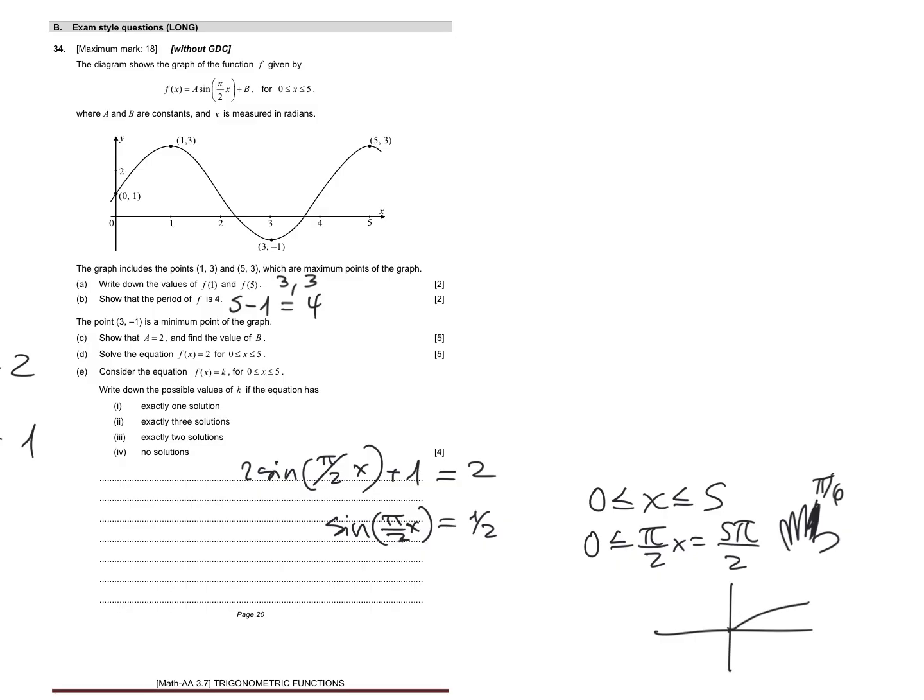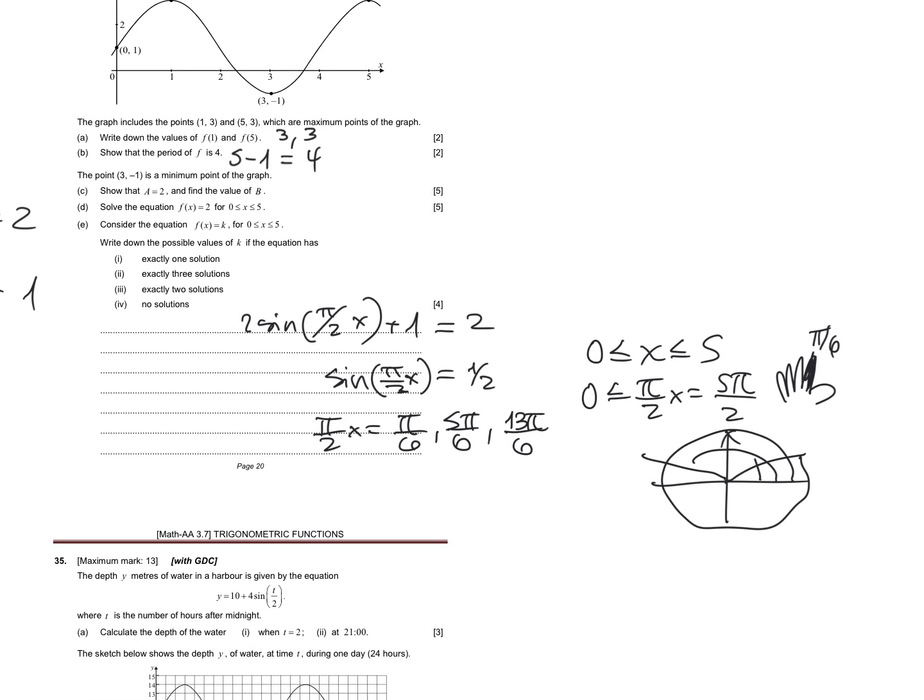So we have here, here. So pi over 2 x equals pi over 6, 5 pi over 6, and then again to 13 pi over 6. And then we stop here. So it's here, here, and then back around to there.